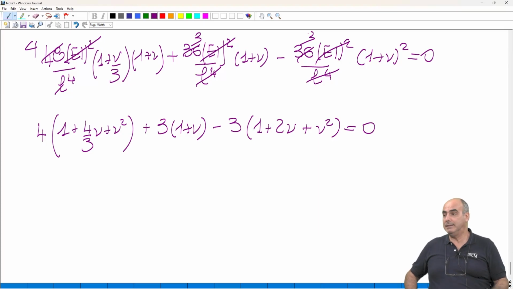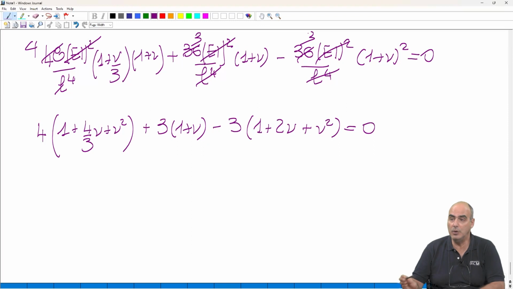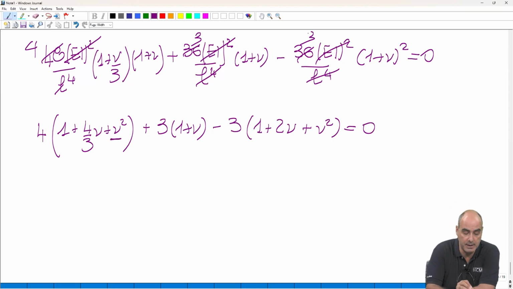Now it's just a matter of ordering the terms in n squared, n, and the known term. In n squared we have 1 here, which is 4, and 1 here, which is minus 3. So it remains n squared here.